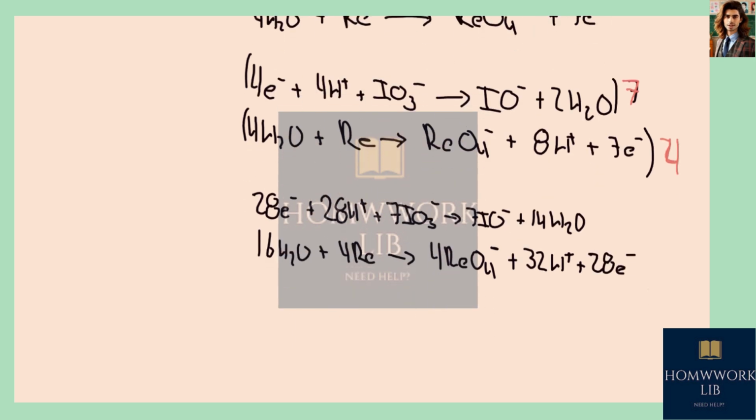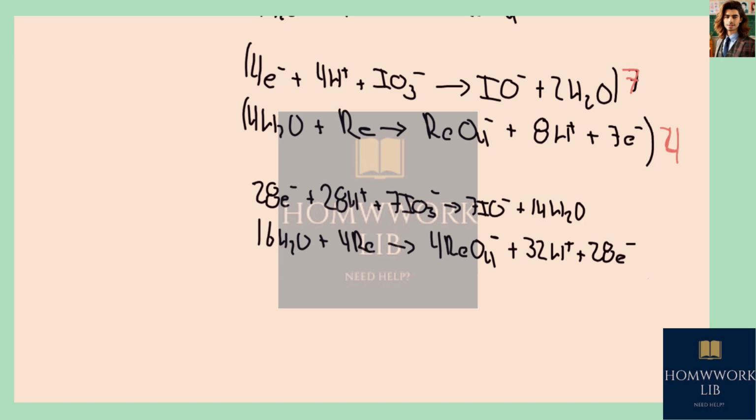Now we can add both of the equations, and as you can see, the electrons are going to cancel out. I have 14 water molecules over here that are going to cancel out with 16 over here, and I'm going to end up with 2 water molecules. The number of protons is also going to cancel out. Here we have 28, down here I have 32, so I end up with only 4 H plus.